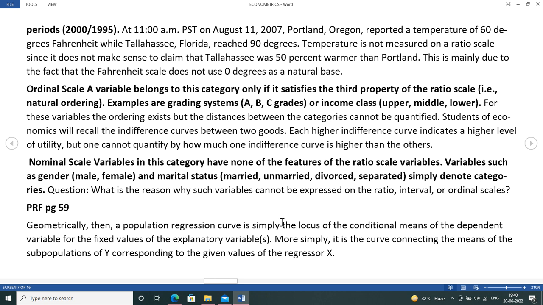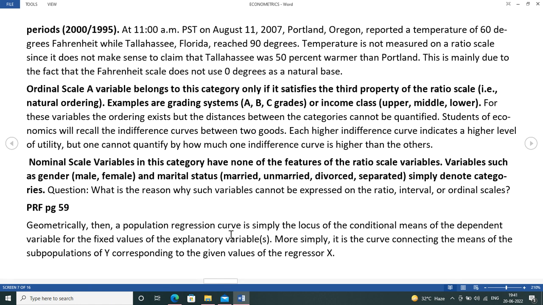And so after this, we essentially delve into the concept of regression even more deeply. The first concept of regression is the PRF, that is population regression function, or population regression curve. This population regression curve is basically the locus of the conditional means of the dependent variable for fixed explanatory variables.